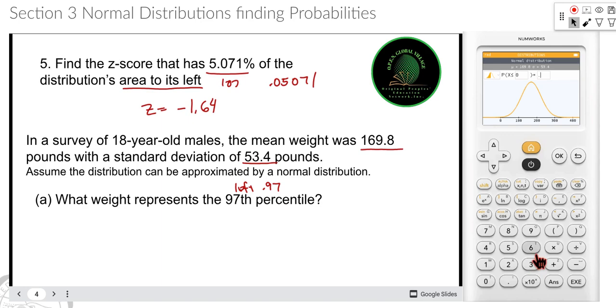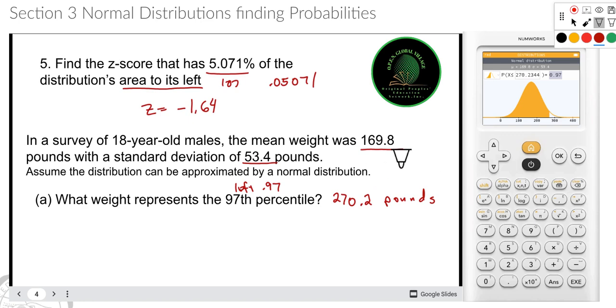Now we enter the area, or the percentage, 0.97, and we hit execute, and we see the shaded region is 97%. That's a weight of 270.23 pounds. They don't tell us what to round it to, so look at that when you're doing the questions, but the answer here would be 270 point, let's just use 1/10 of a pound. I think that's probably enough. 270.2 pounds. And notice this tool gives us the answer directly in pounds.